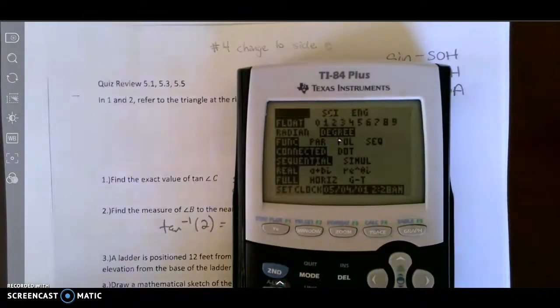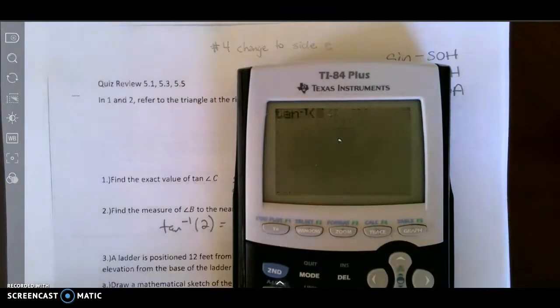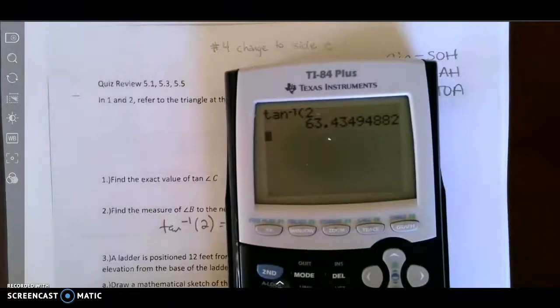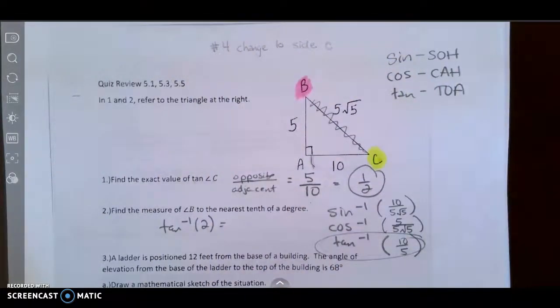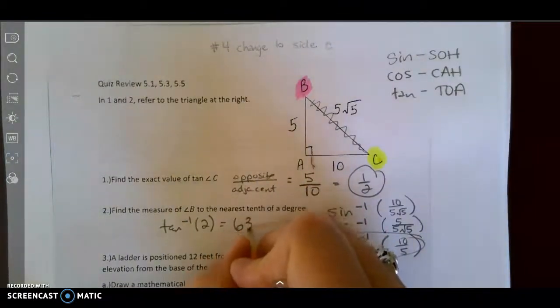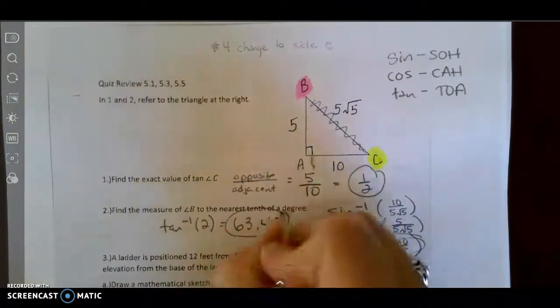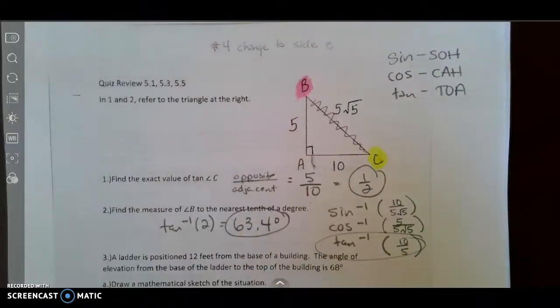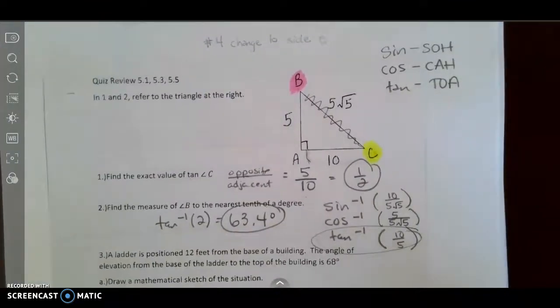And I get, to the nearest tenth, 63.4 degrees. And that's all I have to do. I don't need to use law of sines or law of cosines.